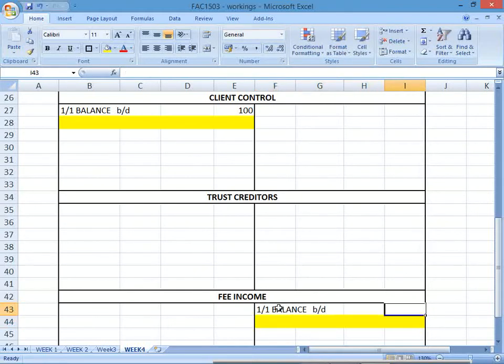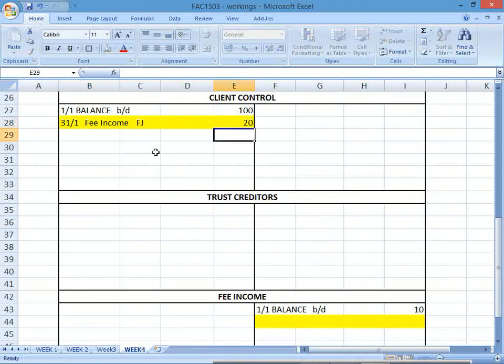Okay, let's just say it's 10. Right, so if you are charging your client a fee, you are going to increase the client's, inverted commas, debtors account. So 30th or 31st of the first, fee income. That could have gone to the fees journal, FJ.